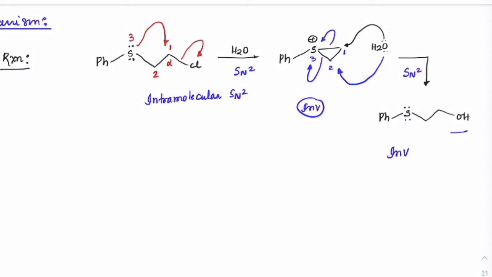Already there was an inverted product, again one more inversion will come, so it will eventually become a retention product. So SN-NGP will always retain the final configuration. So in the final molecule, whatever the initial configuration was present will be retained in the final product. Okay.